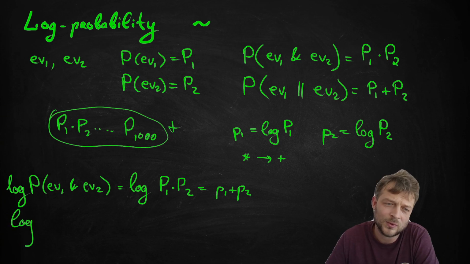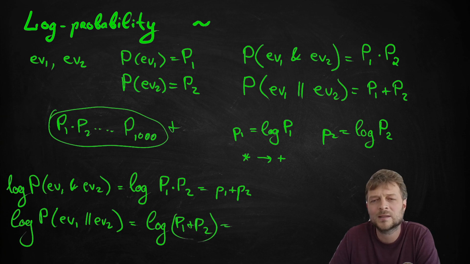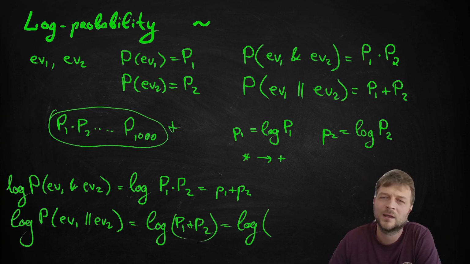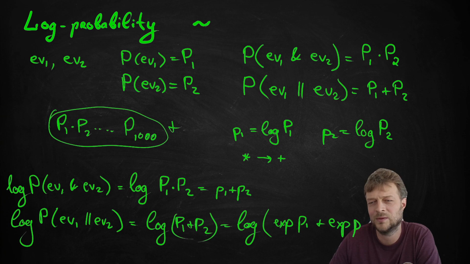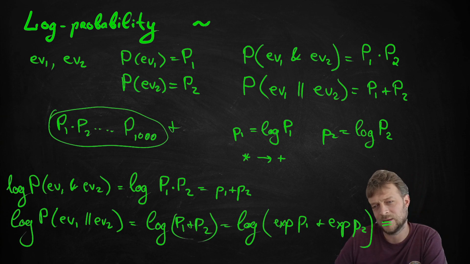If we want to compute log of a sum, event 1 or event 2, we need to go to log of P1 plus P2. And this is equal to log of exponent of P1 plus exponent of P2. So you can recognize here already that this is P1 tilde P2.